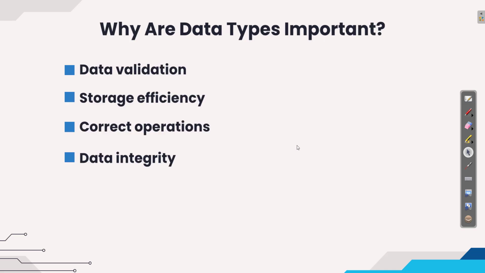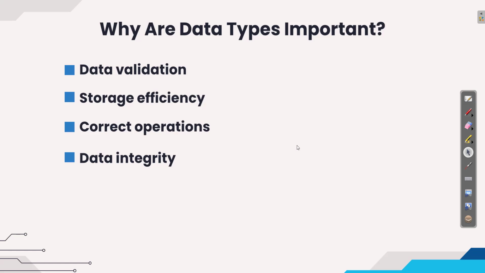Why are data types so important? As we have seen, without specifying the data type, SQL will generate an error. But the important part is that we have to specify the correct data type. It is also essential for different reasons. First, data validation.